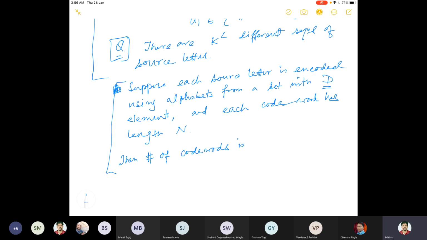The number of possible code words is D power n.